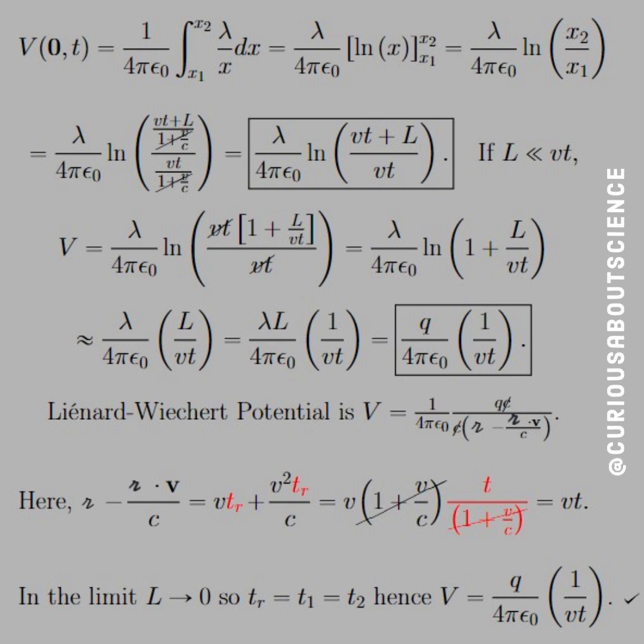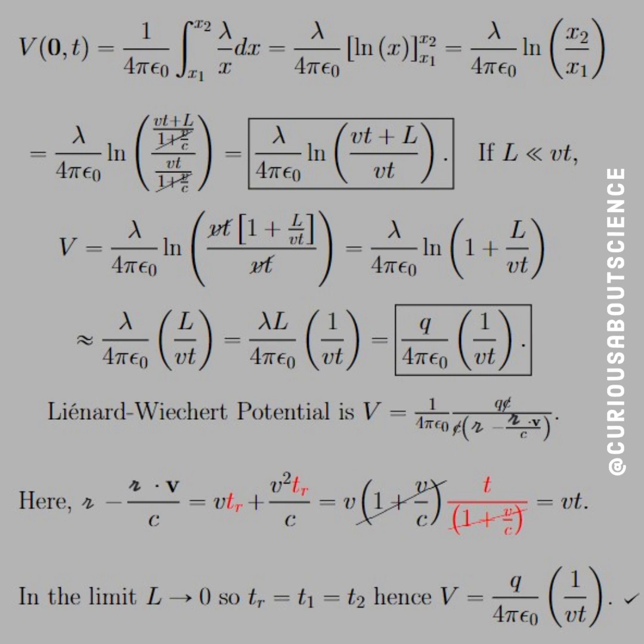Since L is much less than vt, if we use the natural log expansion to first order, ln of 1 plus epsilon is just epsilon, and here epsilon is L over vt. So we push that L out, and we're left with lambda L over 4 pi epsilon naught times 1 over vt.